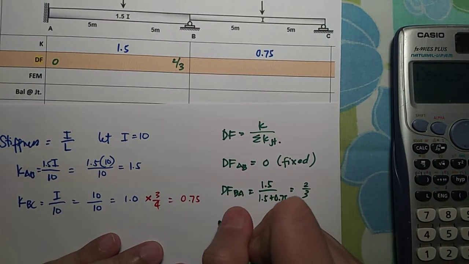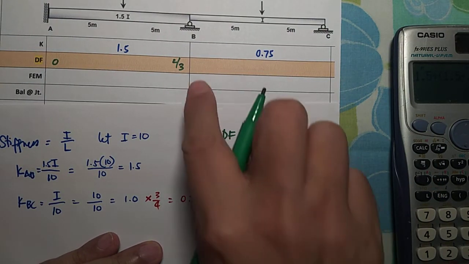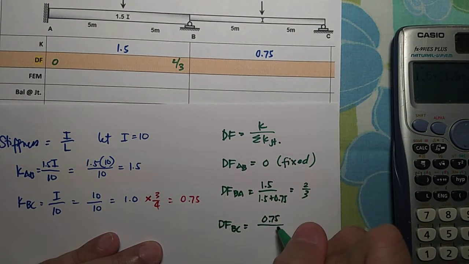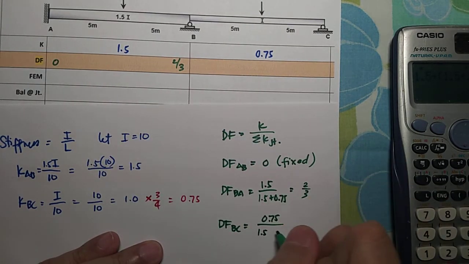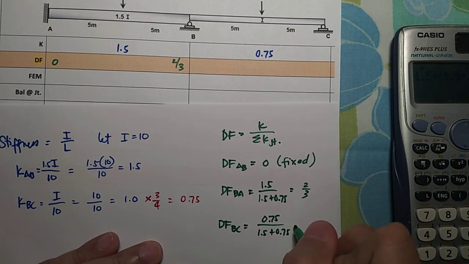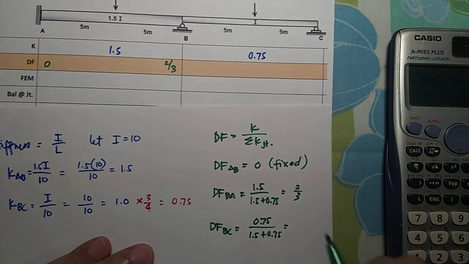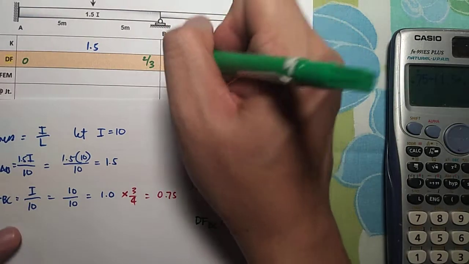How about for BC? For BC, 0.75 is the stiffness there, divided by the summation of the stiffnesses at that joint, 1.5 plus 0.75. So 0.75 divided by 1.5 plus 0.75, that's 1/3.